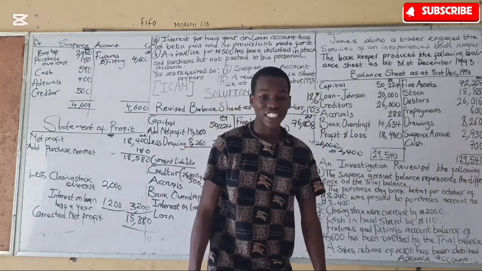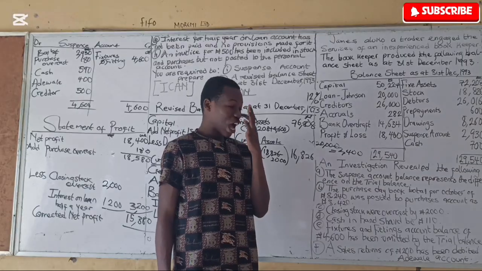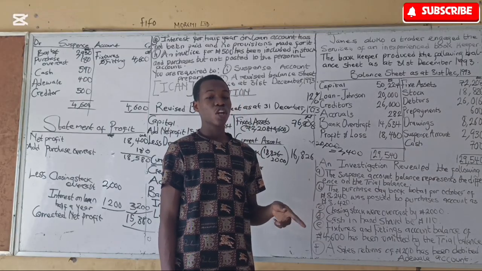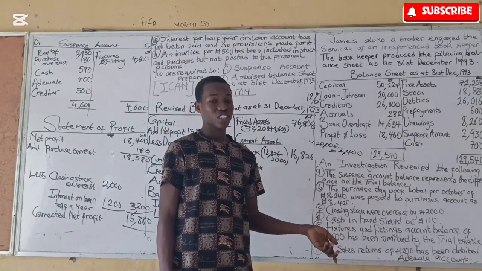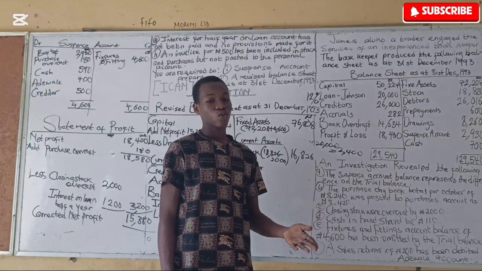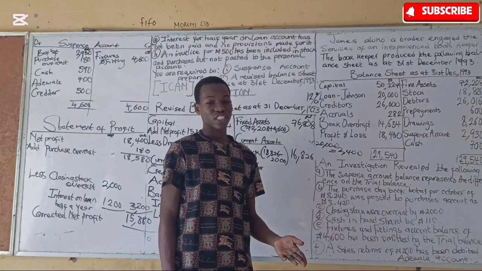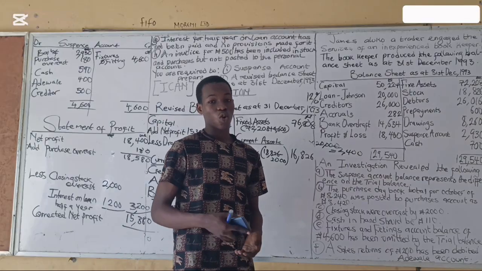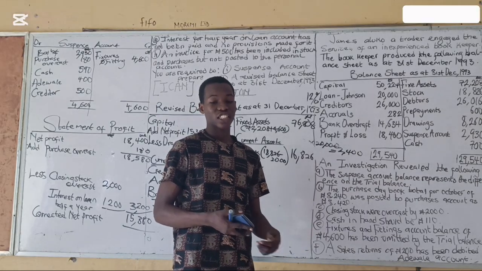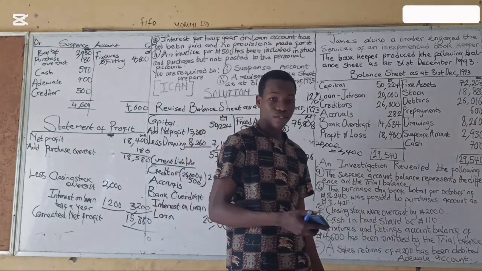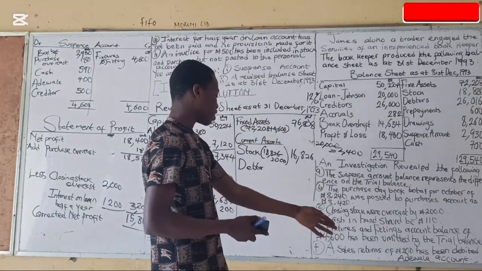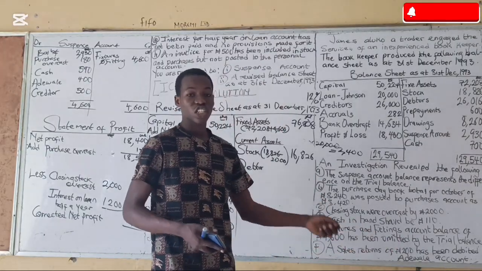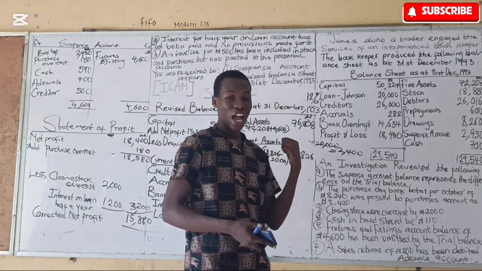So we corrected it so that Adewale's account will be credited. Don't forget that sales return is going to affect the debtor account, which is Adewale. Maybe Adewale bought those goods on credit, so you need to subtract it from the amount he is owing. That is the effect. That's why the returning of goods is going to affect the debtor's account.